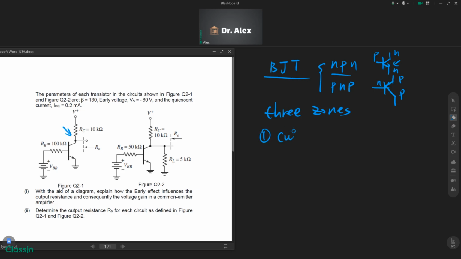The first one is cutoff, which means VBE is less than 0 and VBC is less than 0. Please pay attention: all our examples use the NPN transistor.